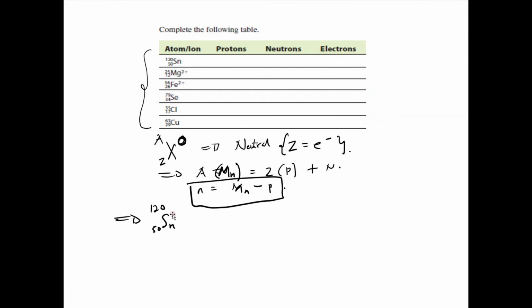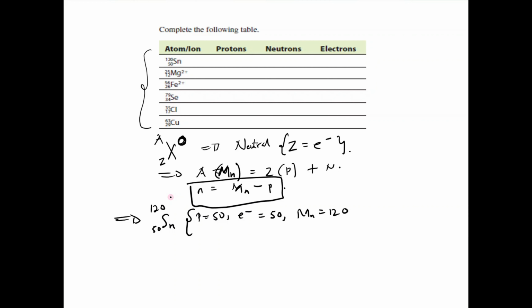That means this is a neutral atom. In a neutral atom, the number of protons is equal to the number of electrons, isn't it? Cool, you have that in mind. So our proton number is 50 for this species, the electron number is also 50, and our mass number is 120.